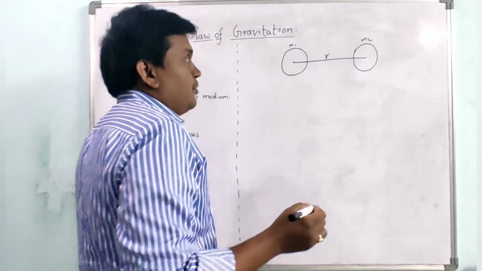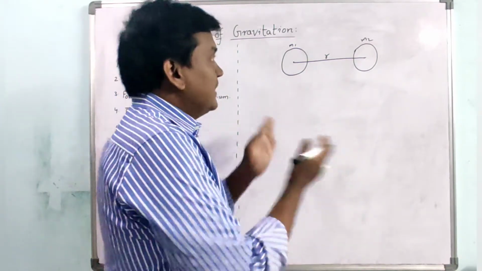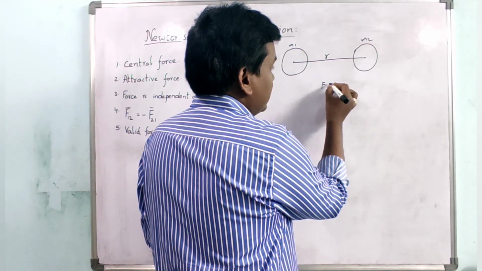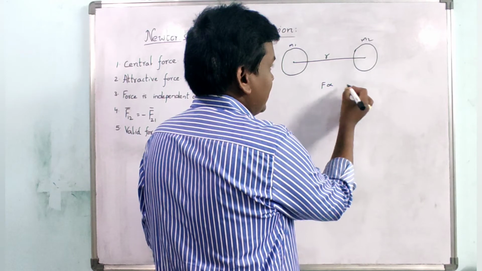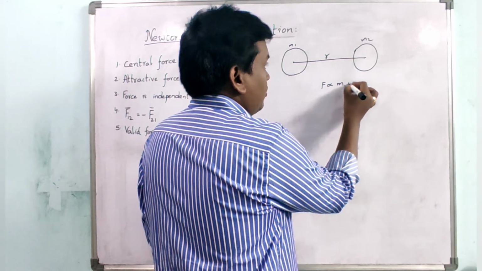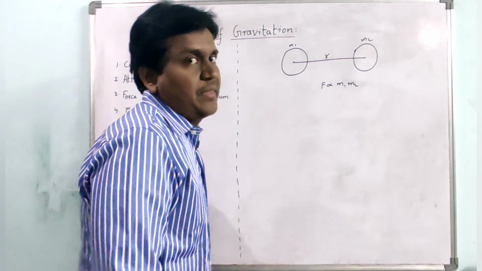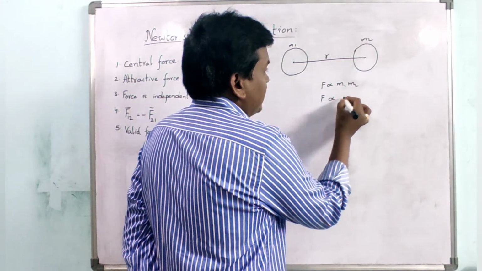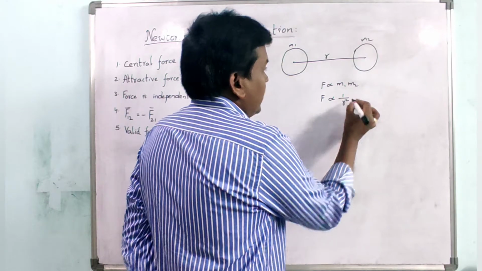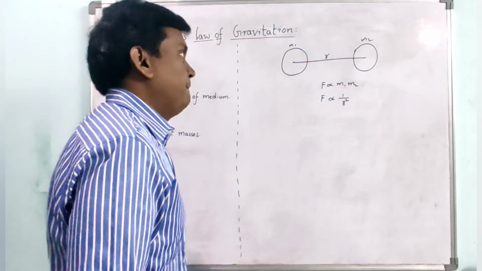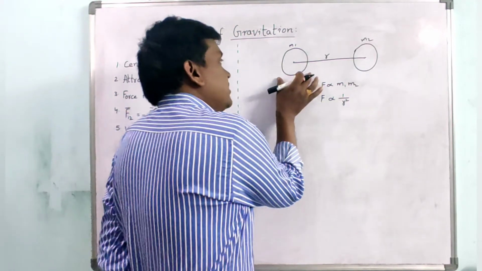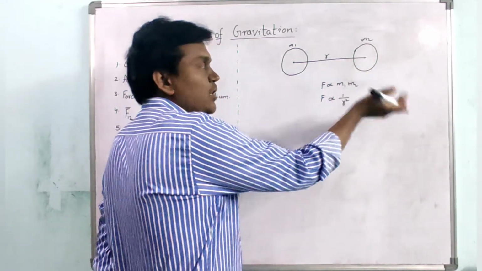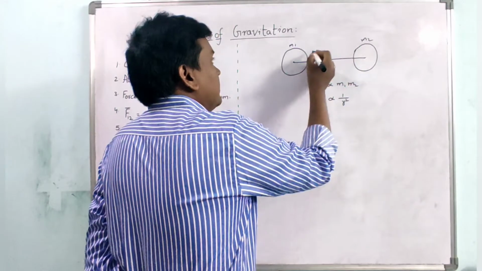The force of attraction between these two masses is directly proportional to the product of their masses, and inversely proportional to the square of the distance between them. This mass will exert some force on that mass, and that mass also will exert an equal force on this mass.